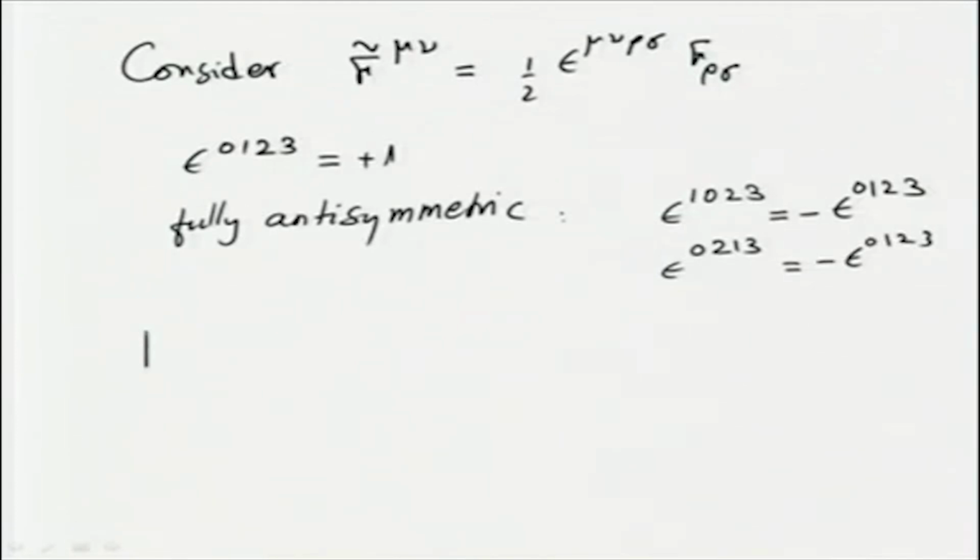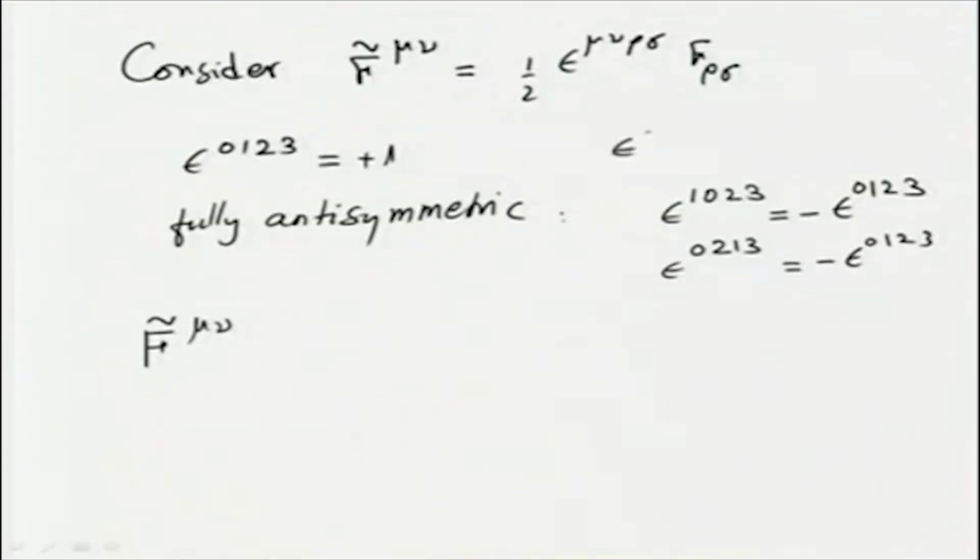Let us look at F tilde mu nu. Clearly, if mu is equal to nu, then because of the antisymmetric property of epsilon mu nu rho sigma, if any two indices are the same, that will give you a 0.